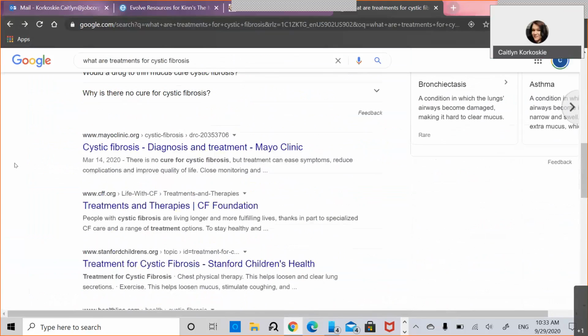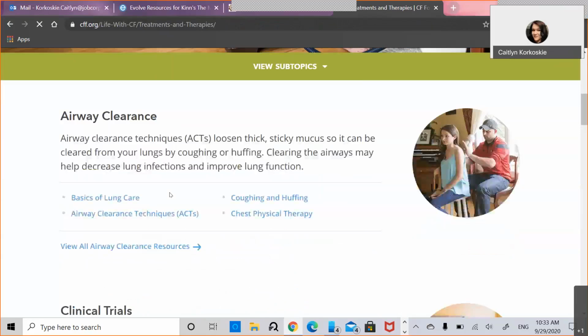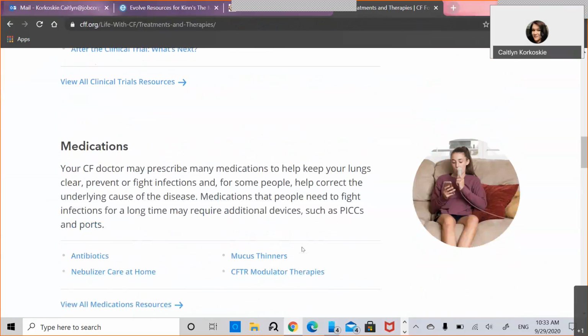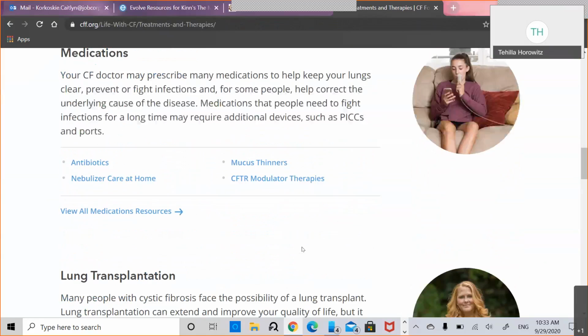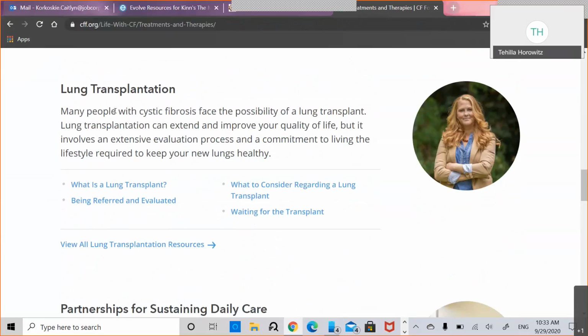Yeah, treatments and therapies too. So let's see what else this says. I kind of forgot already, but what causes it? It's usually congenital, so passed down through birth, but I'm not sure exactly why that happens.